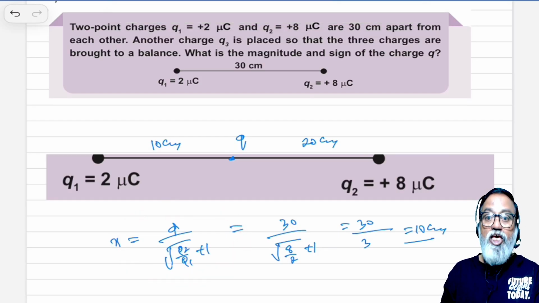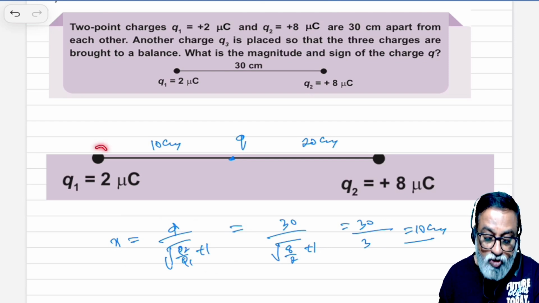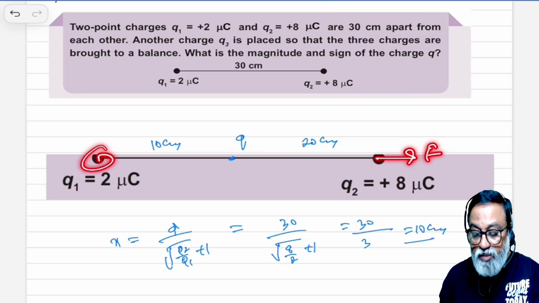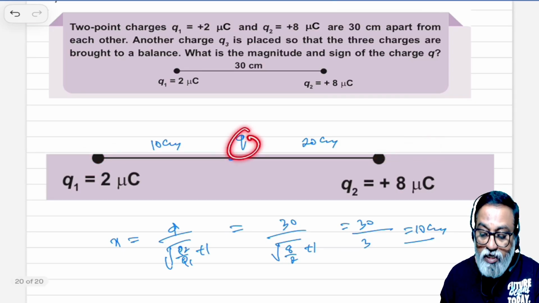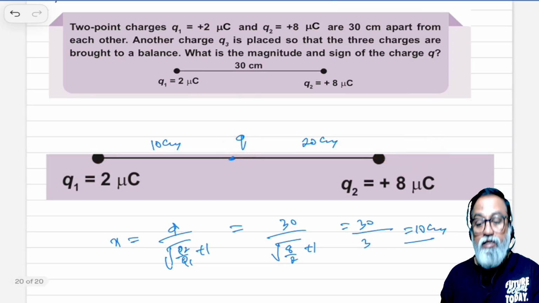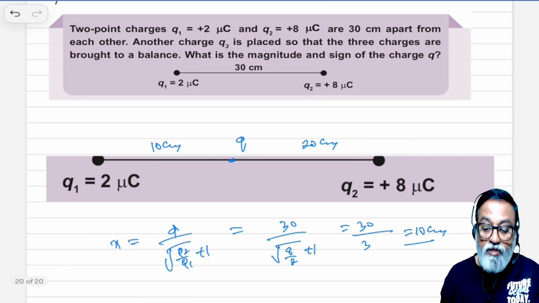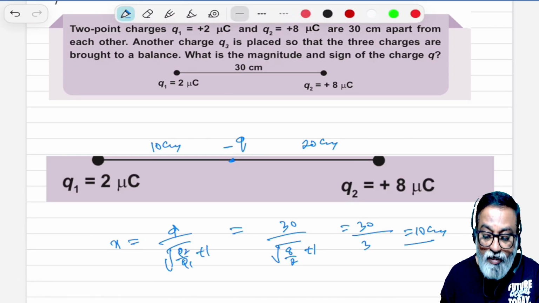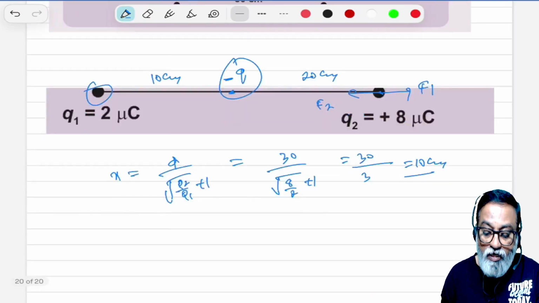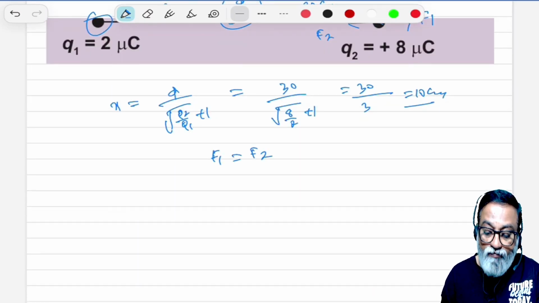After that, for equilibrium of the system, the corner charge should be in equilibrium. See, this charge exerts a force in this direction. If it is a positive charge, this one also exerts a force in the same direction. Therefore net force is not 0. Therefore the middle charge should be negative. In this case, this is the force F1 exerted by Q1 and this is the force F2 exerted by this charge. Therefore F1 is equal to F2.